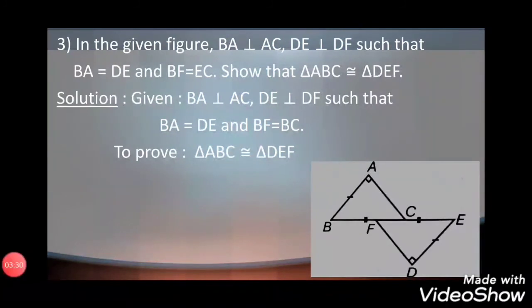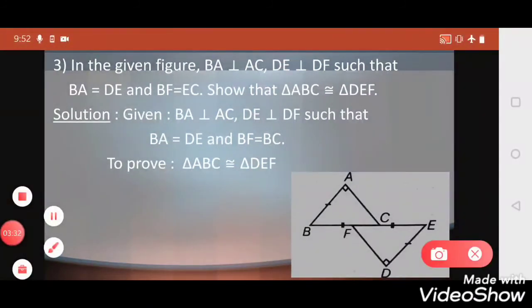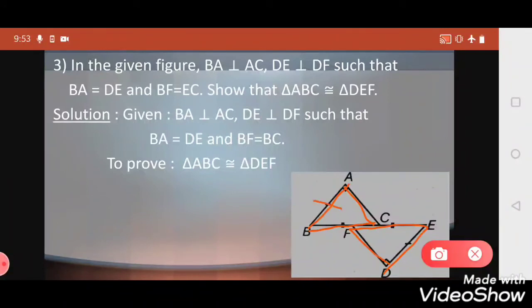Let's see in the figure. Now in triangle ABC, this is our triangle ABC and triangle DEF, these two triangles. Already it is given BA equal to DE. This is given.